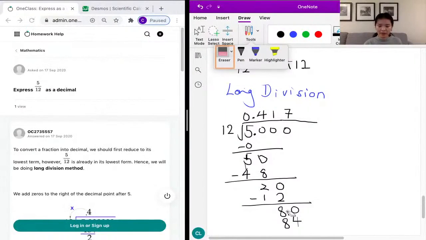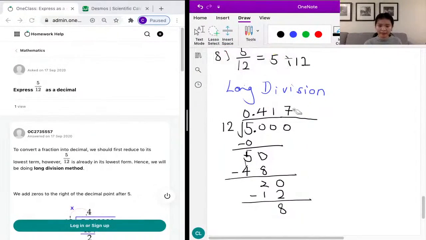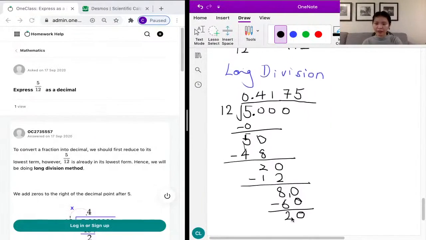Now, let's do 5. I'm just going to illustrate something. 12 times 5: 2 times 5 is 10, 1 times 5 is 5, and that would give us 60. So 80 minus 60 leaves a remainder of 20.